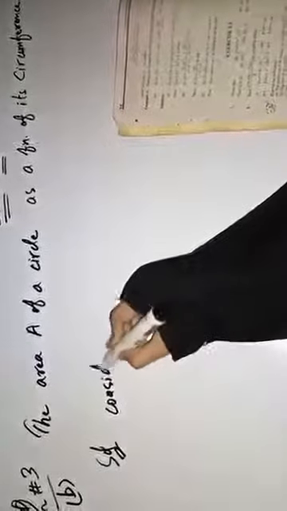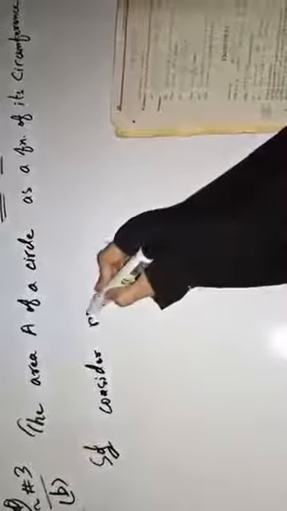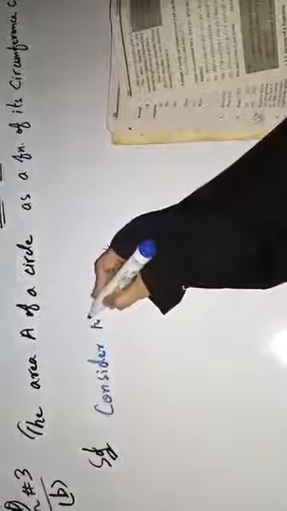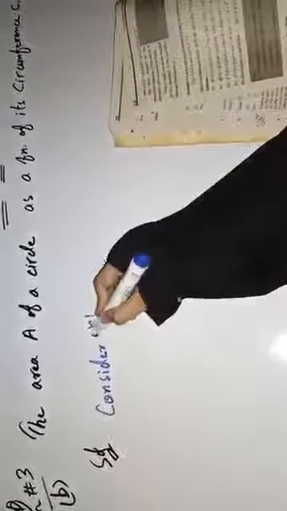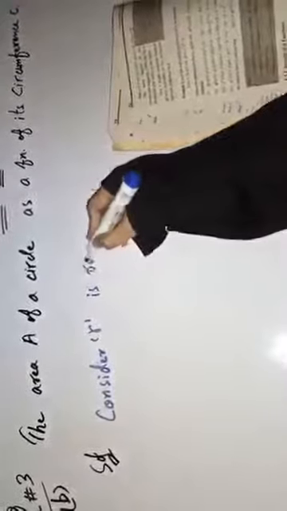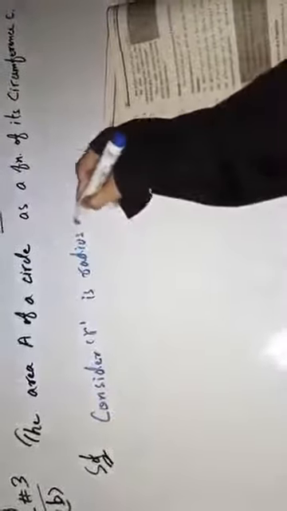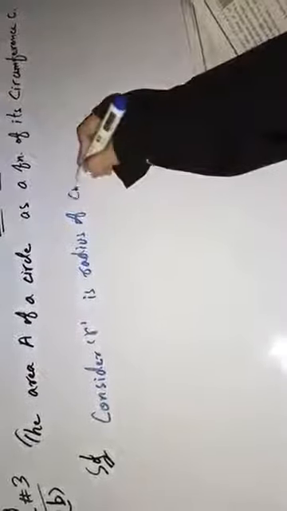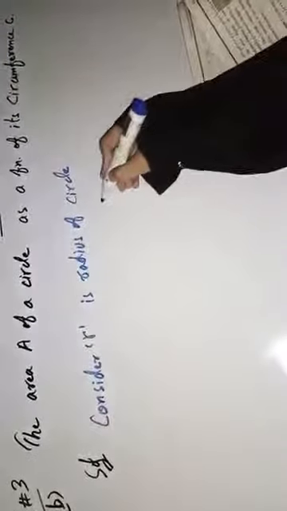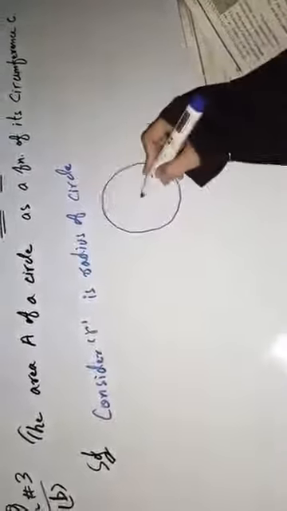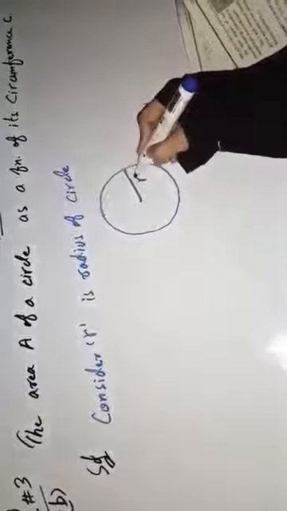So suppose, consider R is the radius of the circle. I am drawing a circle here. Suppose this is the circle and this one is its radius.